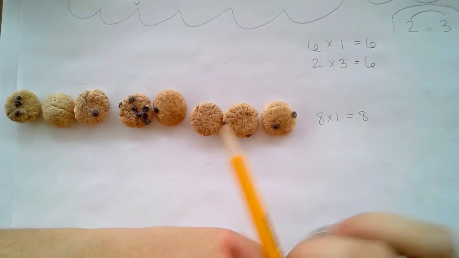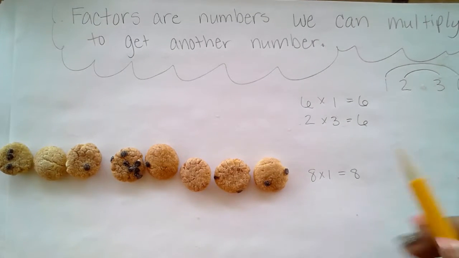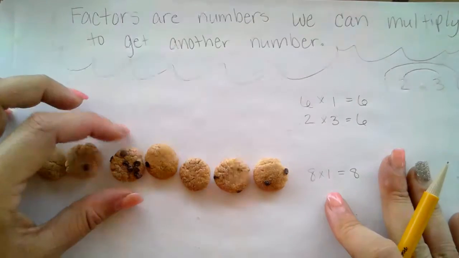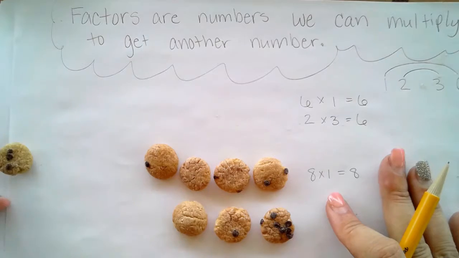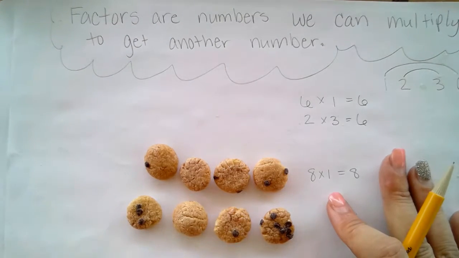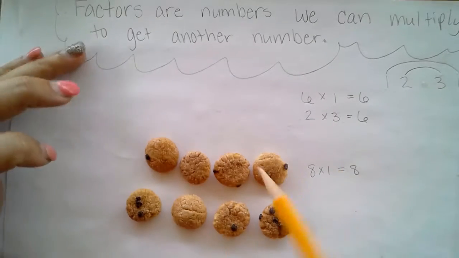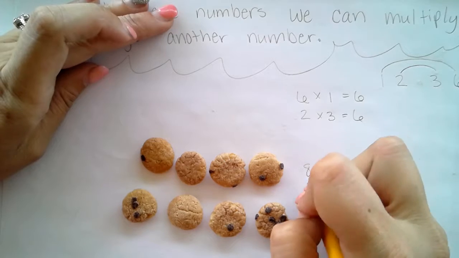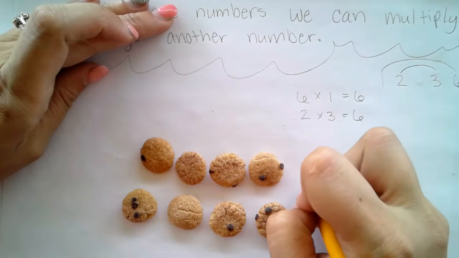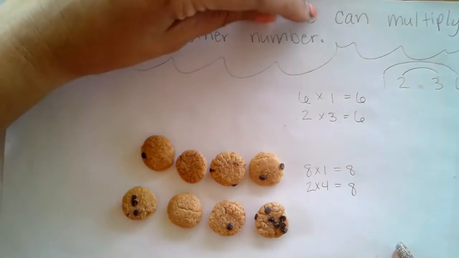Is there another way that I could represent my array to represent the number 8? Well, I could do what? I used them all. There's 8 in there, no left over. 4 times 2. So 2 times 4 or 4 times 2, it doesn't matter which way you write it. 2 times 4 equals 8.